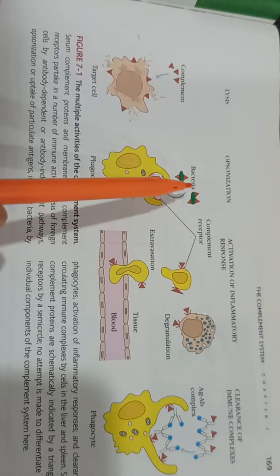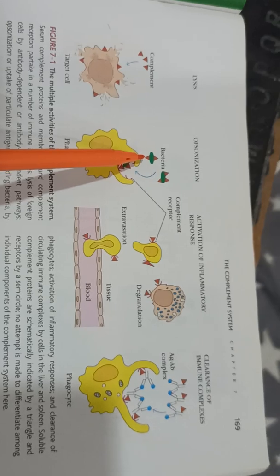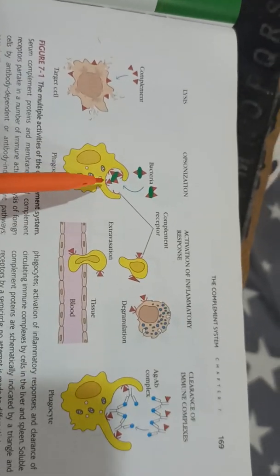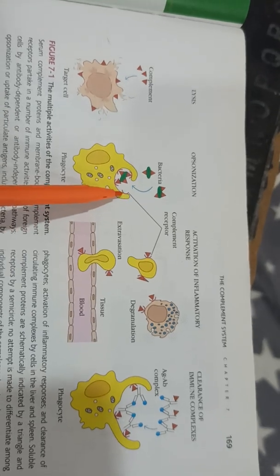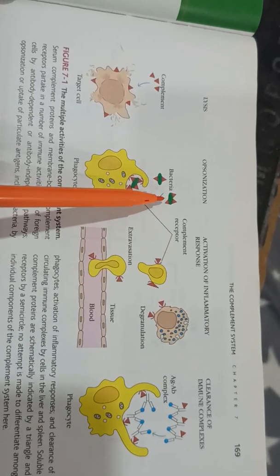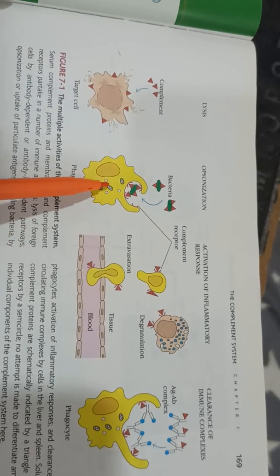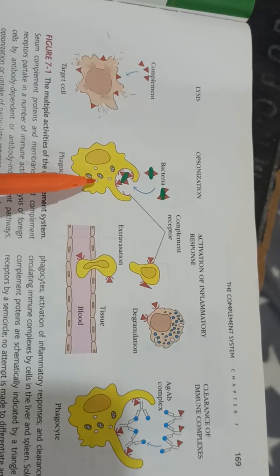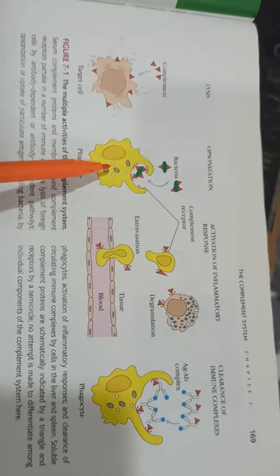In opsonization, you can see the bacterial cell is first coated by the complement, and the phagocytic cell has receptors for the complement, so that the complement bound to the antigen can bind to the phagocytic cell, and the phagocytic cell will do phagocytosis. In this way, destruction of the antigen is done.